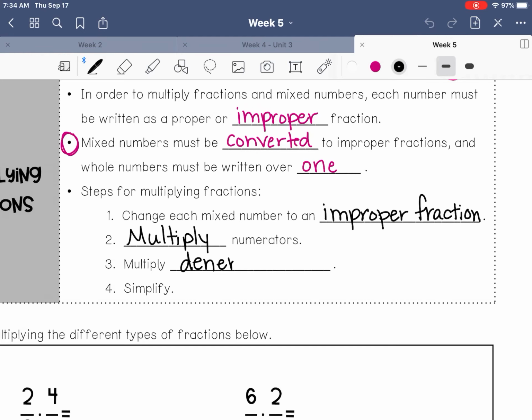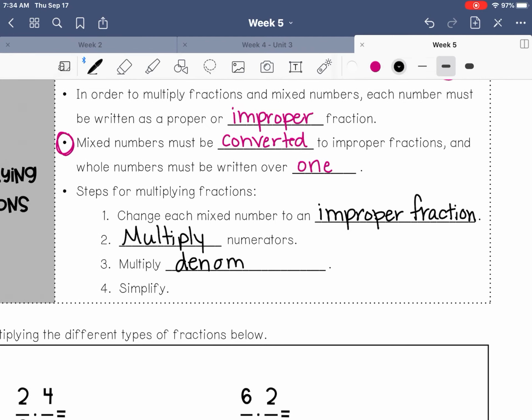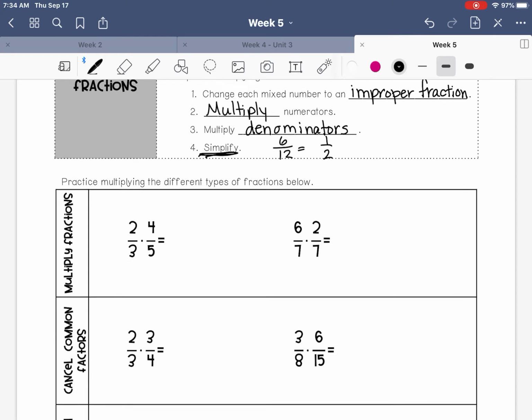Oh, can't spell. Denominator. Okay, it's that simple. And then the last step is always to simplify. Always, always, always simplify your fractions. If you get an answer like 6/12, know that that simplifies down to 1/2. Simplify your fractions.